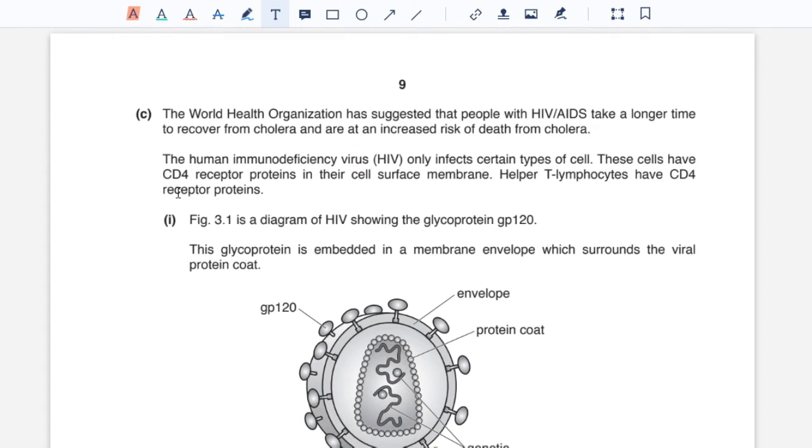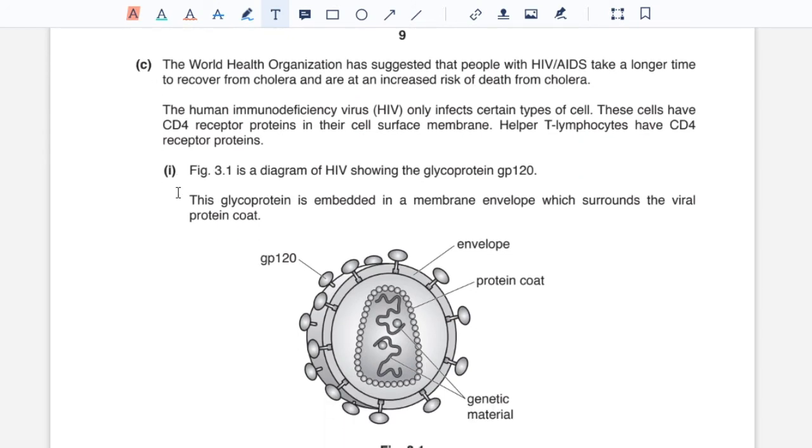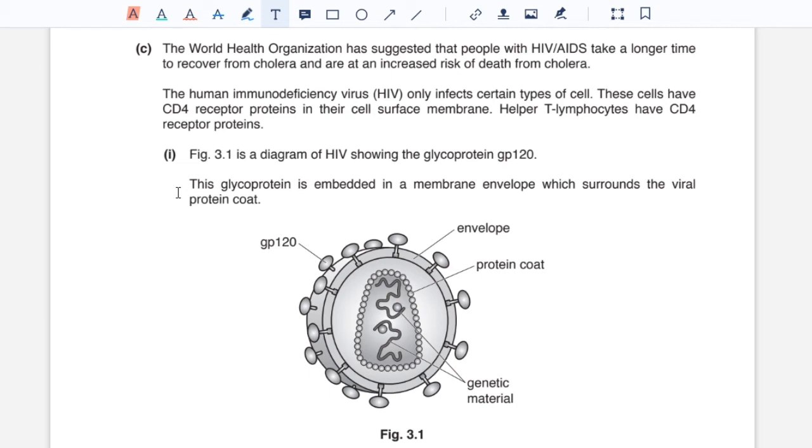The WHO has suggested that people with HIV/AIDS take a longer time to recover from cholera and are at an increased risk of death from cholera. That is because HIV/AIDS attacks the immune system, which is supposed to help the body fight all sorts of diseases. The human immunodeficiency virus only affects certain types of cells.